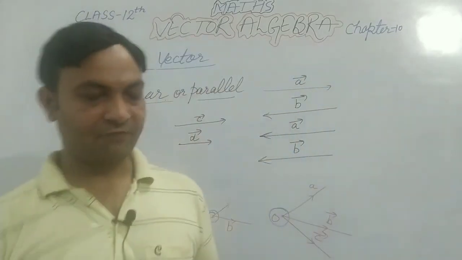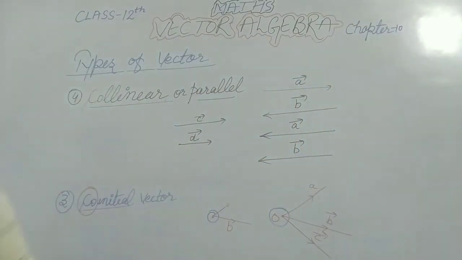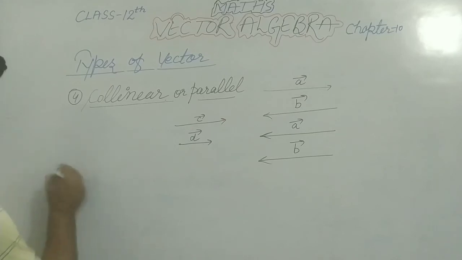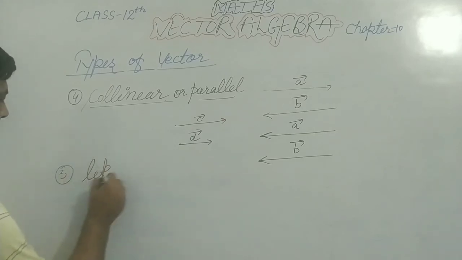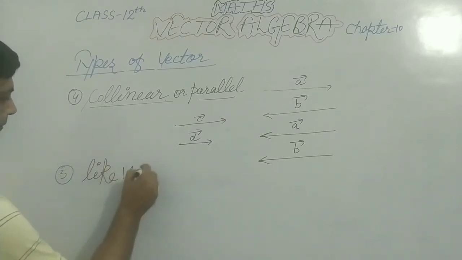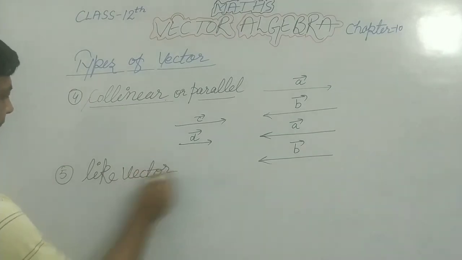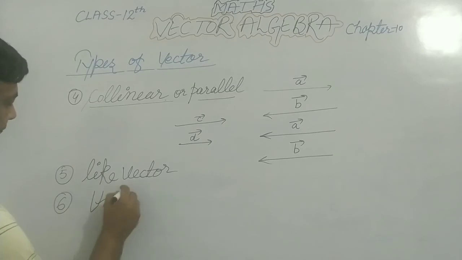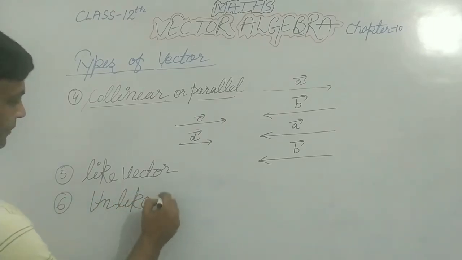Now next we will see like vectors and unlike vectors, isn't it?